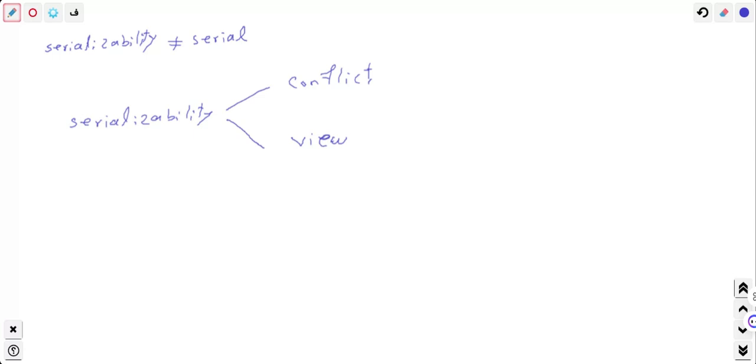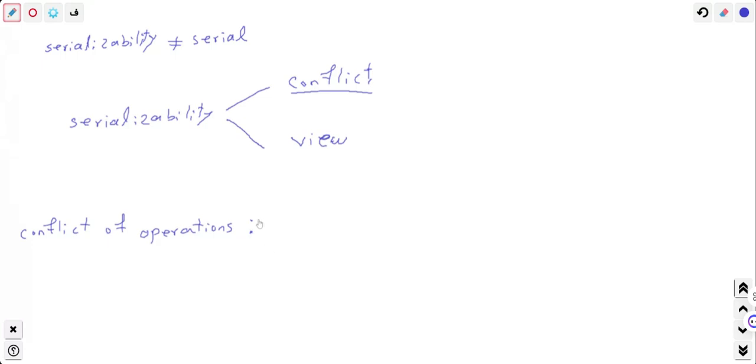Let me first define conflict serializability. Conflict serializability is defined based on conflicts of operations.